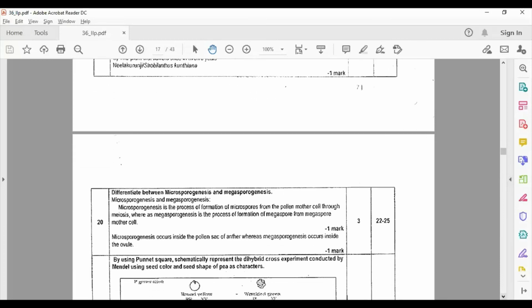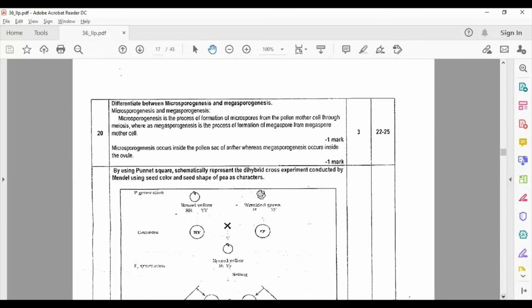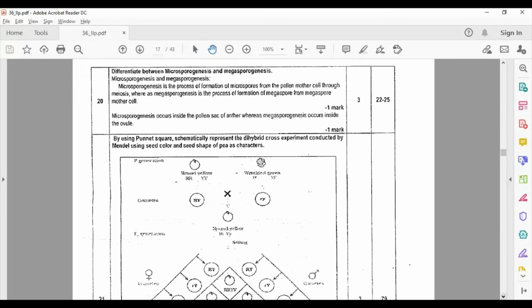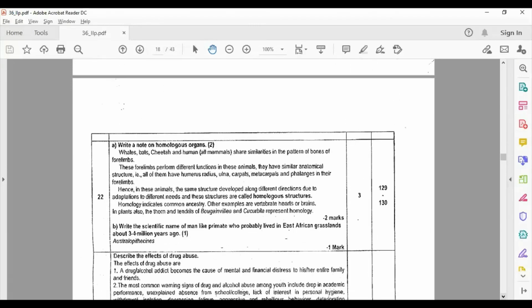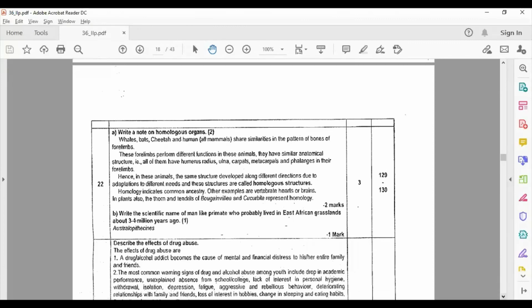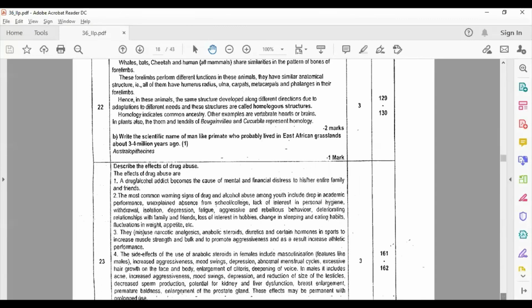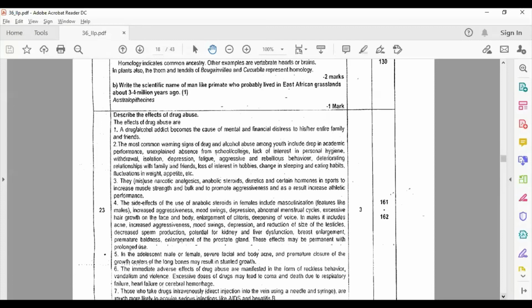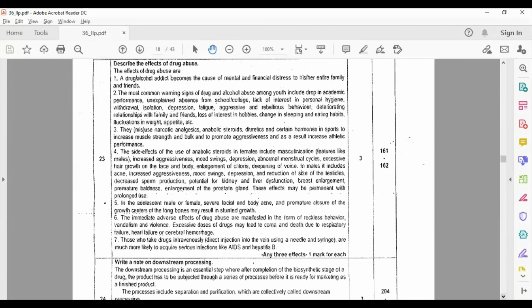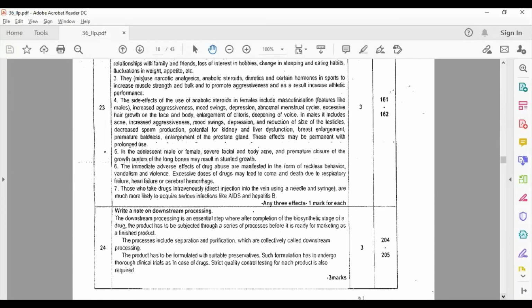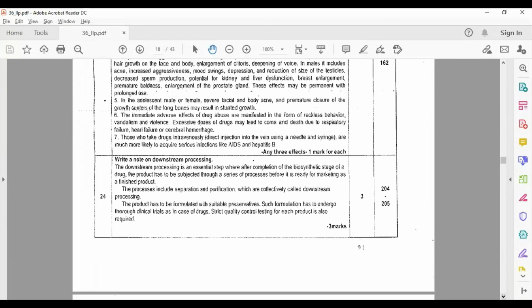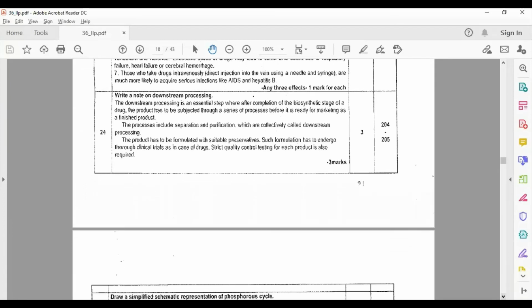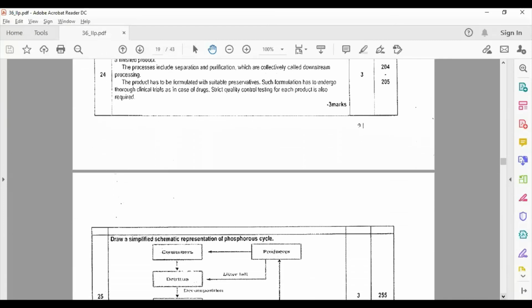So the textbook page number is also given here to make studying and preparation for the exam simpler and easier for the students. You can download this PDF, which is given by the Karnataka PU board. I can share the link, or I can share the PDF itself in the comment section.